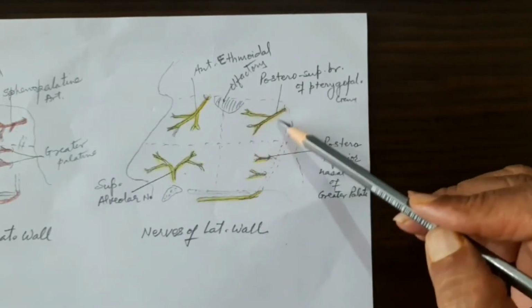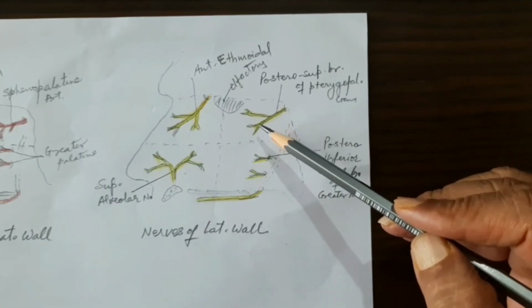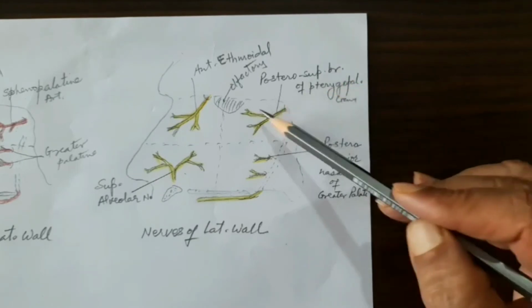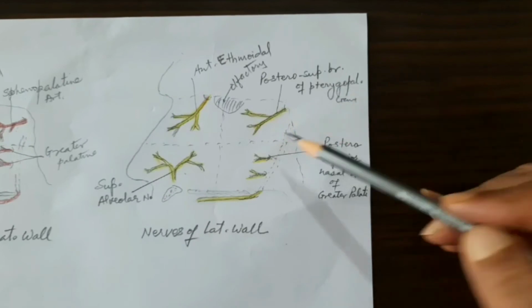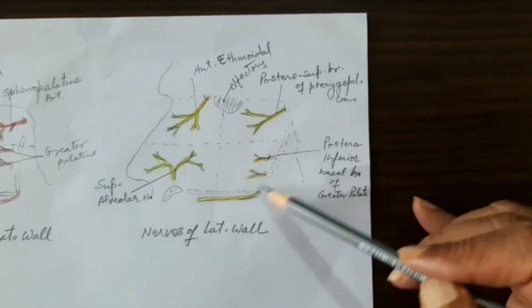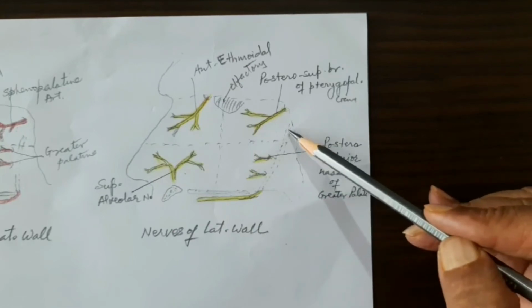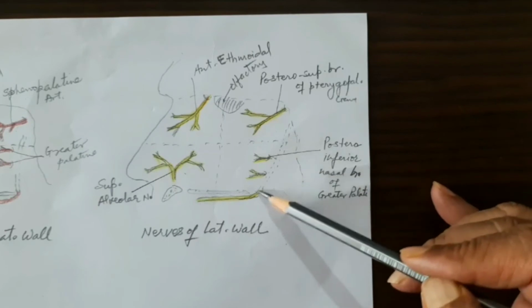And the posterosuperior part is supplied by the nasal branch of the pterygopalatine ganglion, the posterosuperior branch, that is from the maxillary. And the posteroinferior part will be supplied by branches from the greater palatine nerve, which travels through the greater palatine canal.